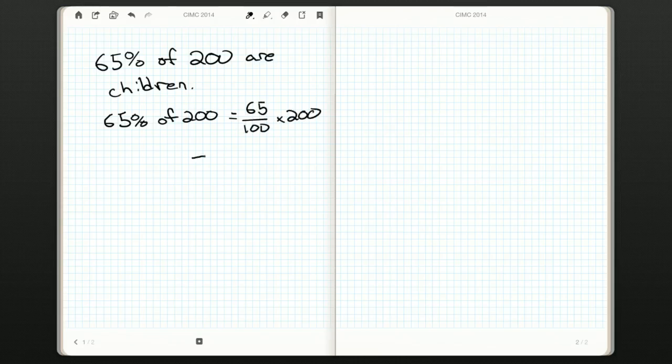And that's a calculation that we can easily do by calculator or by hand. Because I notice I've got a 100 here and a 200 here. These guys are going to cancel out and leave a 2. So it's really going to be 65 times 2. And that I can either work out by hand or by calculator. I get 130.